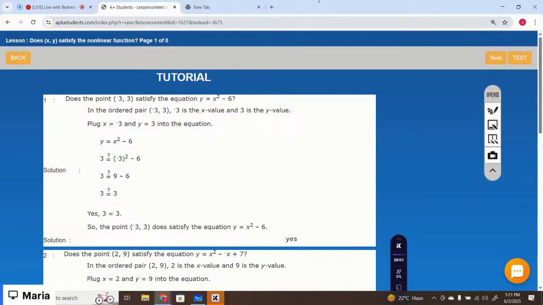In the ordered pair negative 3, 3, negative 3 is the x value and 3 is the y value. So just plug in the values in the function.